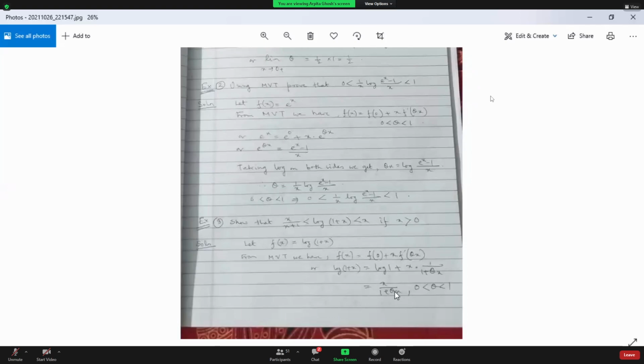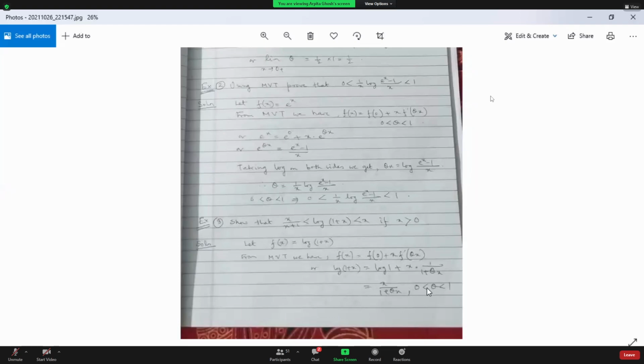We need x by 1 plus theta into x. So let's multiply throughout by x. Given that x is positive, if theta lies between 0 and 1 and we multiply throughout by x, the sign of inequality won't change. It will be 0 less than theta into x less than x. We need x by 1 plus theta into x.